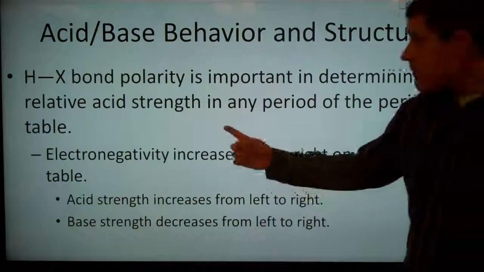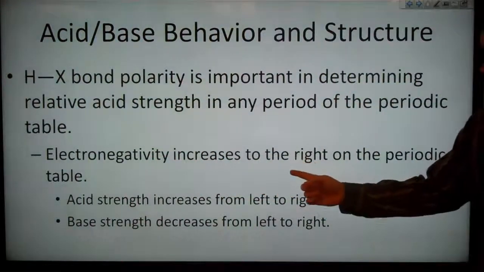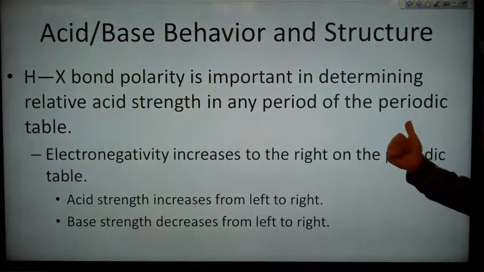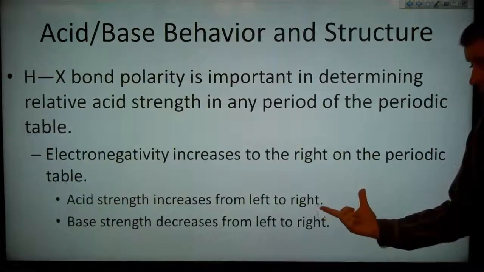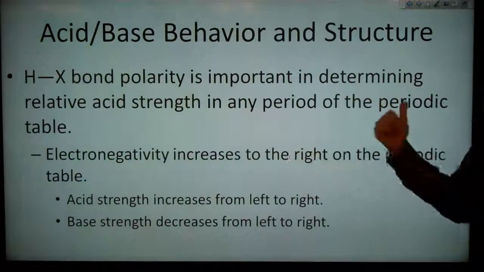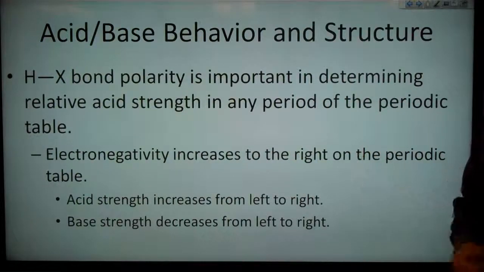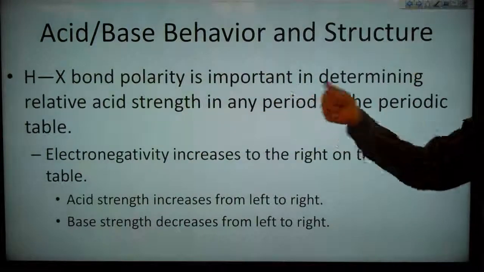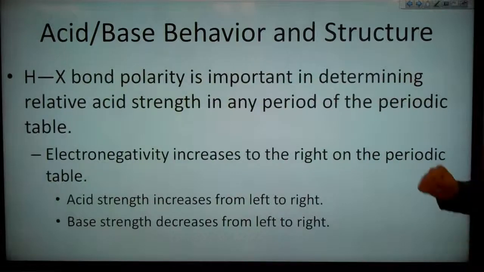So this bond polarity is increasing as we move to the right, and that means that acid strength is increasing as we move from left to right, because the more polar that bond becomes, the easier it's going to be to break that bond. And that means the base strength is decreasing as we move from left to right on the periodic table.